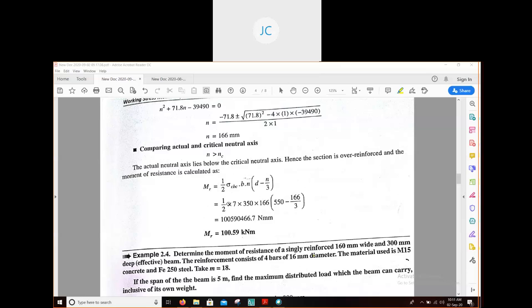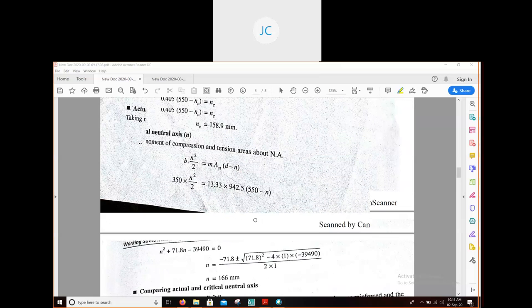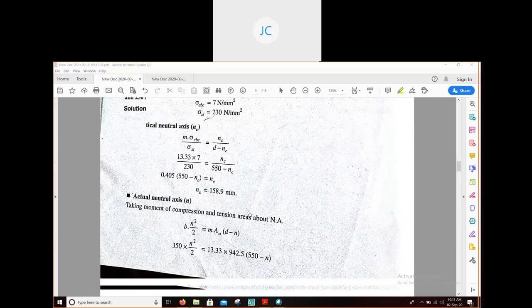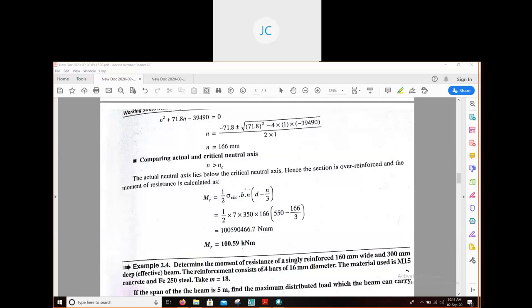Sir, yes. First we have to find the NC value, the top critical neutral axis. By this formula we have to find AST, right? AST is written here, 4 bars of 16 mm diameter.